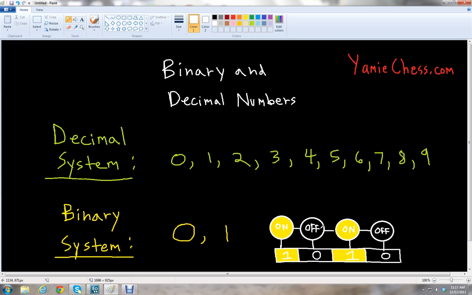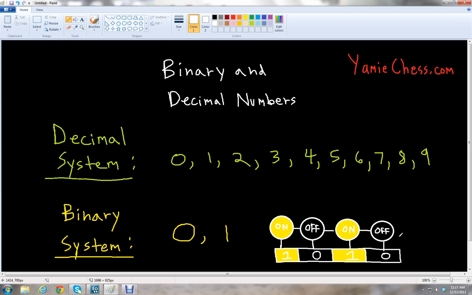And the 0 represents an off switch. So we have 1 being on, 0 being off, 1 is on, 0 is off. So the way you would read this binary number would be 1, 0, 1, 0.